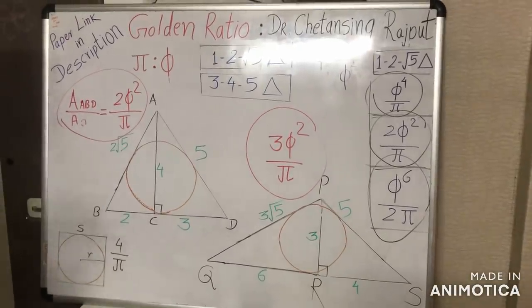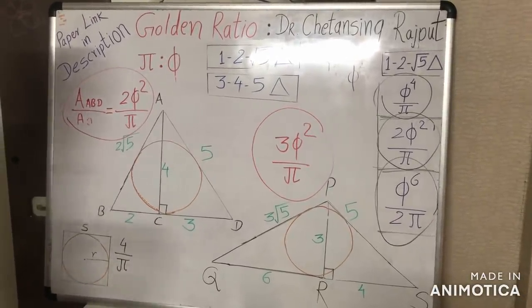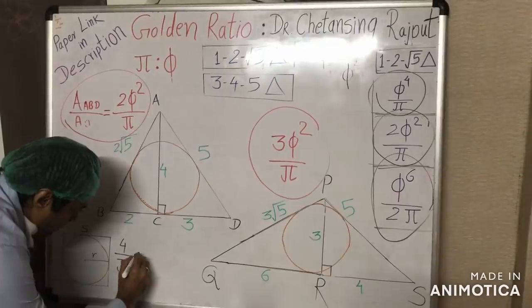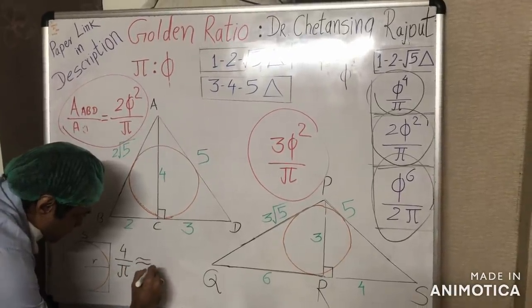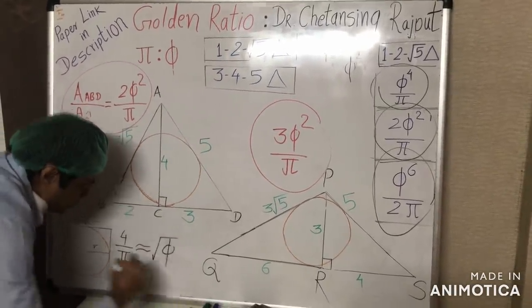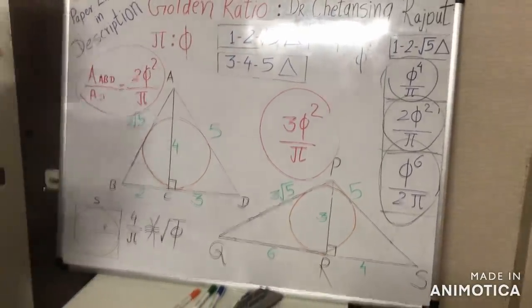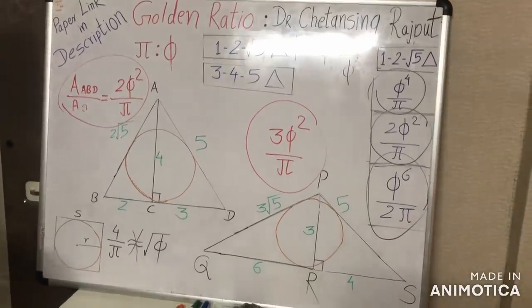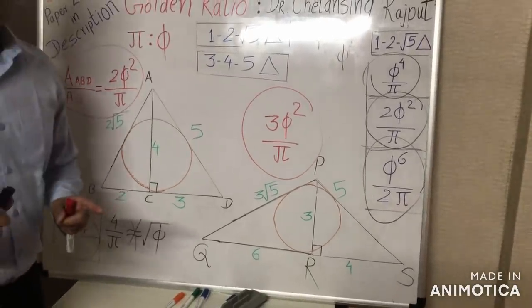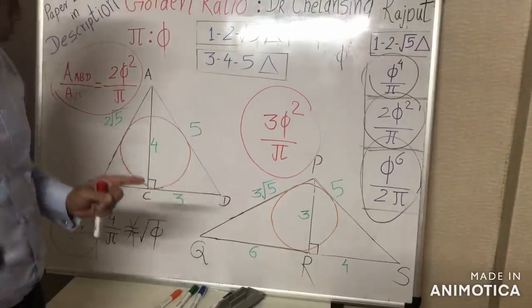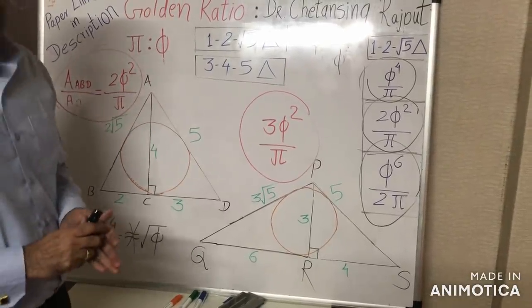And the coincidental equation or fluky relationship is well known. This 4 upon pi is approximately equal to the square root of the golden ratio, but not precisely. This is not a precise equation. So a square or any other geometric figure cannot provide a precise pi-phi correlation.